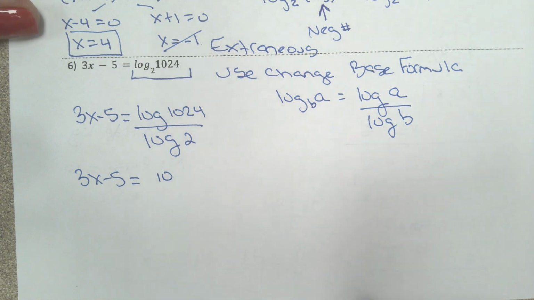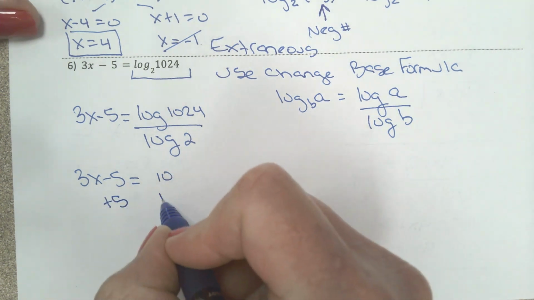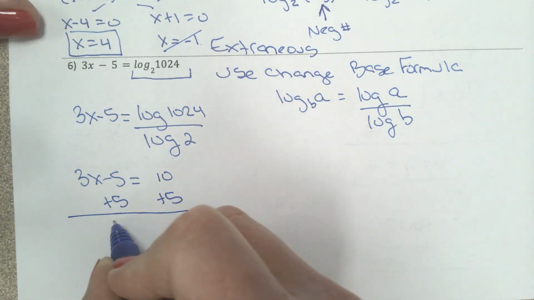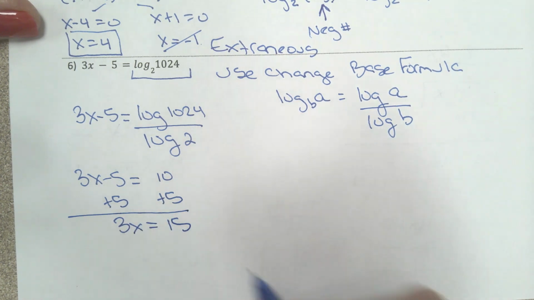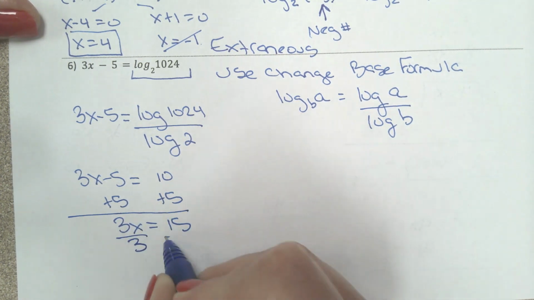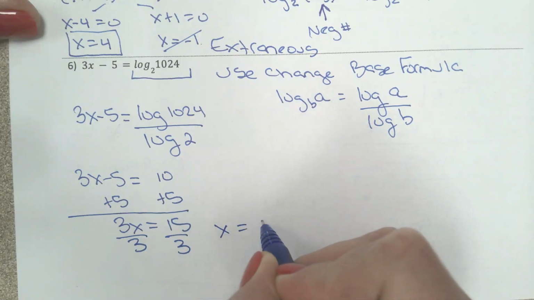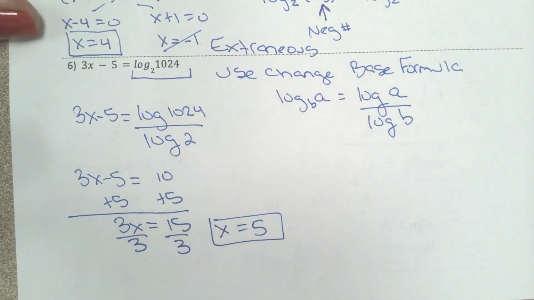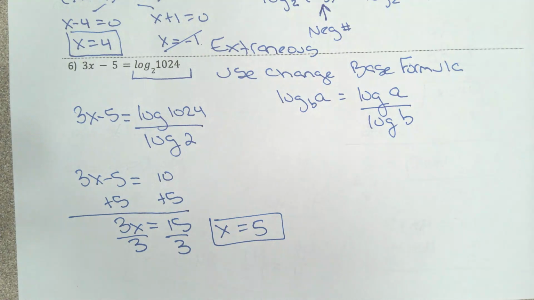Now I'm just going to do algebra and finish solving this. I'm going to add 5 to both sides. 3x equals 15. Divide, and get x equals 5 for a good final answer on that one.